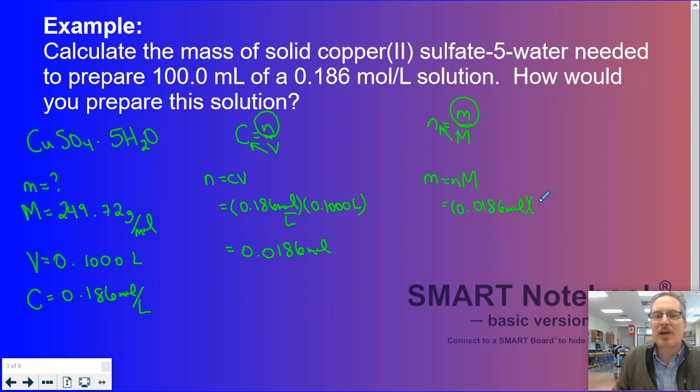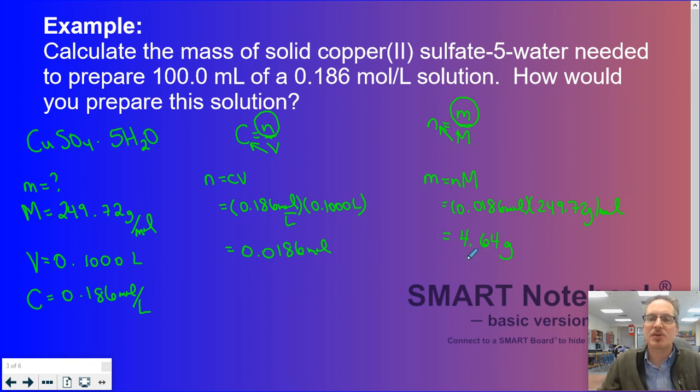I'm going to multiply by 249.72 grams per mole. So just take my full calculator number times 249.72. I'm going to put my answer into, when I go back to the question again, 3 sig figs. And my answer is 4.64 grams.